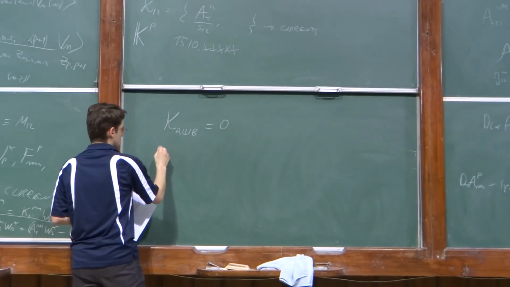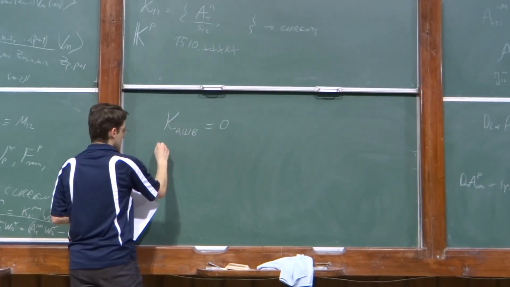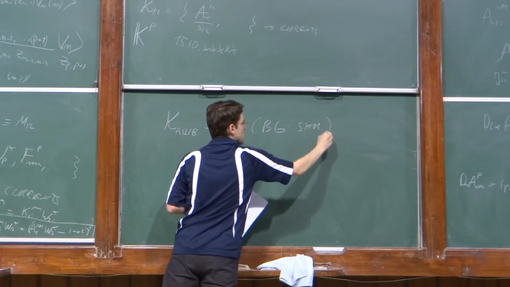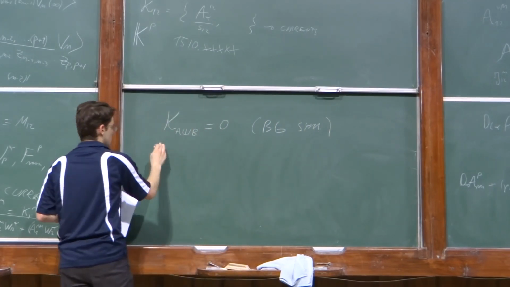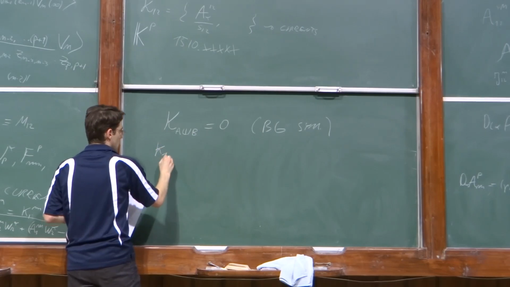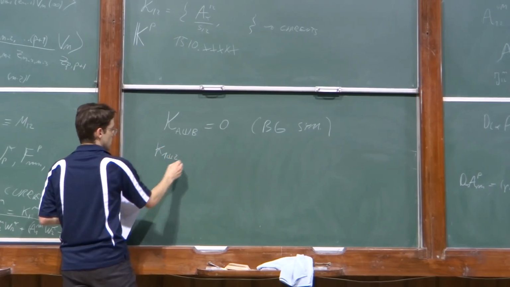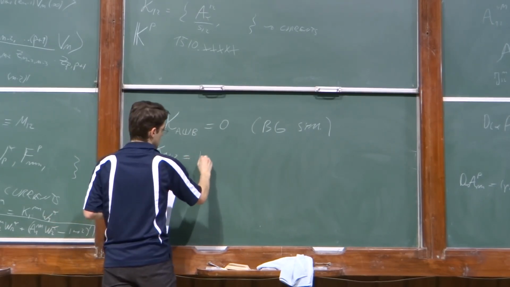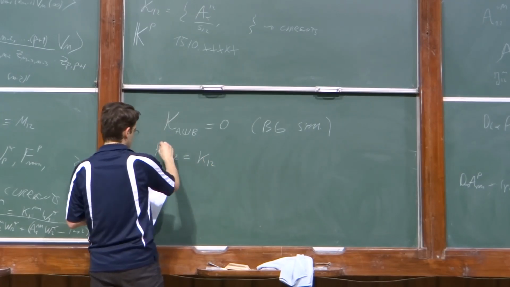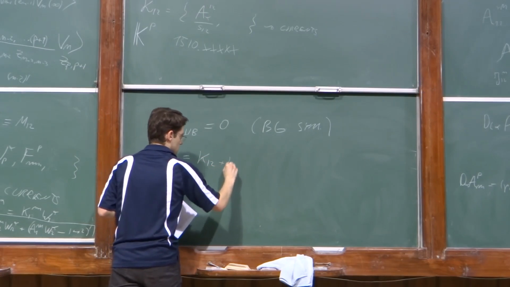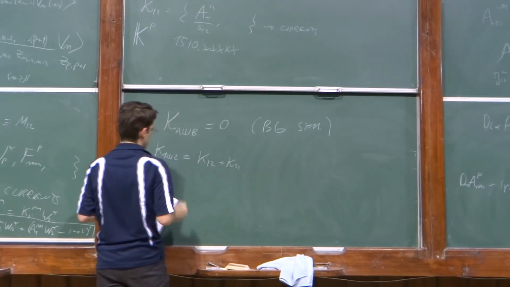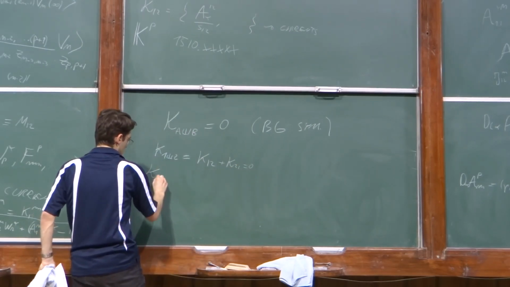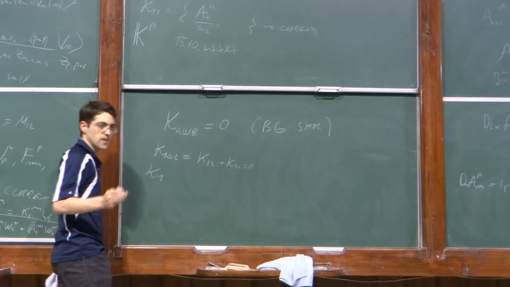For example, K of 1 shuffle 2 is equal to K of 1,2 plus K of 2,1. That's 0. The shuffle keeps the ordering within 1 and 2.